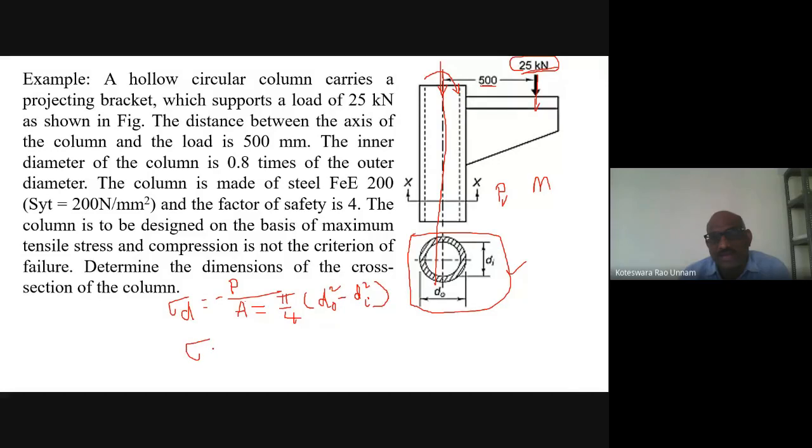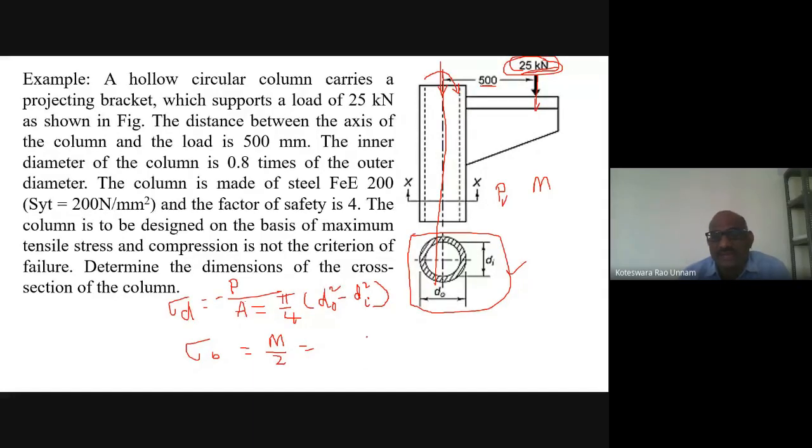Then your bending stress sigma B is M by Z. M is nothing but load into distance, that is 25 kilonewtons into 10 cube, that is 25,000 into 500, is the moment.